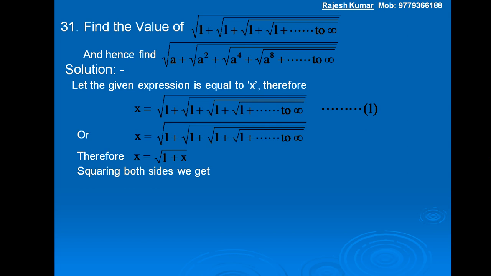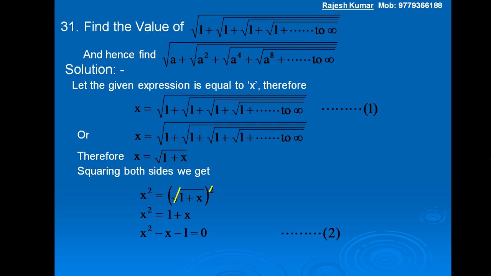Now squaring both sides, we get x square is equal to (square root of 1 plus x) whole square. Now square root and square cancel each other, so we get x square is equal to 1 plus x, or x square minus x minus 1 equal to 0.